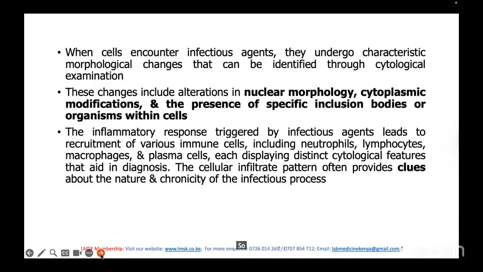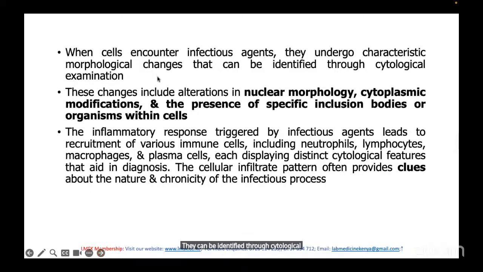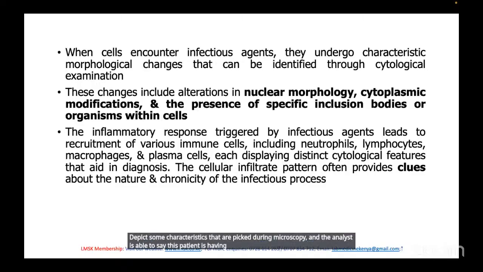So then what happens to the cells when they encounter external stimuli? For example, when cells encounter infectious agents, they usually undergo characteristic morphological changes that can be identified through cytological examination. These particular cells depict some characteristics that are picked up during microscopy, and the analyst is able to say this patient is having this condition or not.